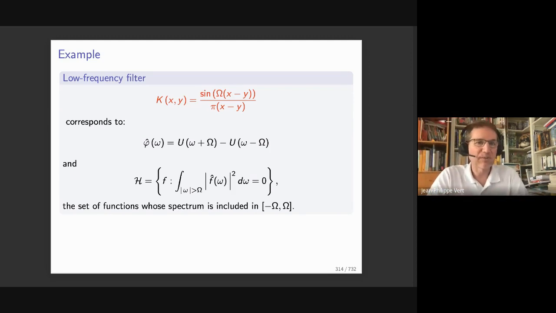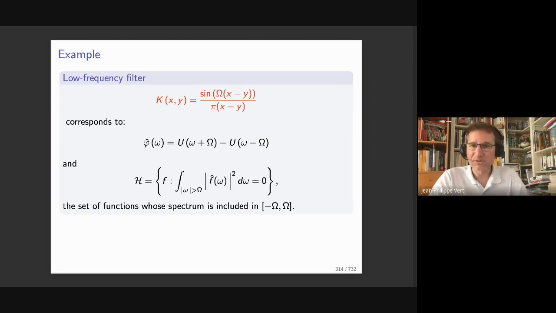And here I just give an example of what we could call a low-frequency kernel, which is a kernel that defines an RKHS where all the functions in the RKHS are functions whose Fourier transform is bounded, meaning that f hat of omega would be equal to 0 outside of an interval of frequencies between minus omega and omega.